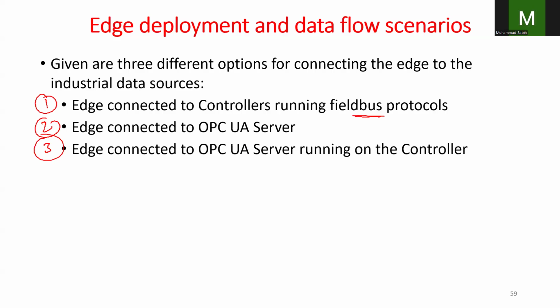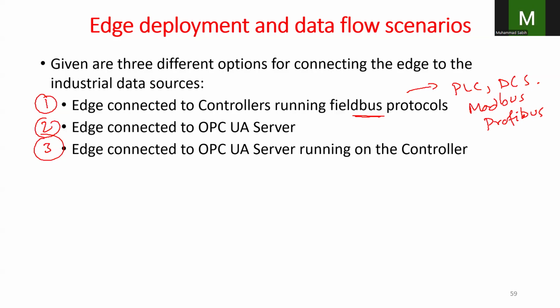The field device communicates directly with controllers like PLCs and DCS systems using protocols like Modbus, Profibus, TCP/IP, and Ethernet/IP. This is suitable for direct data acquisition from the control devices without an intermediate OPC layer.